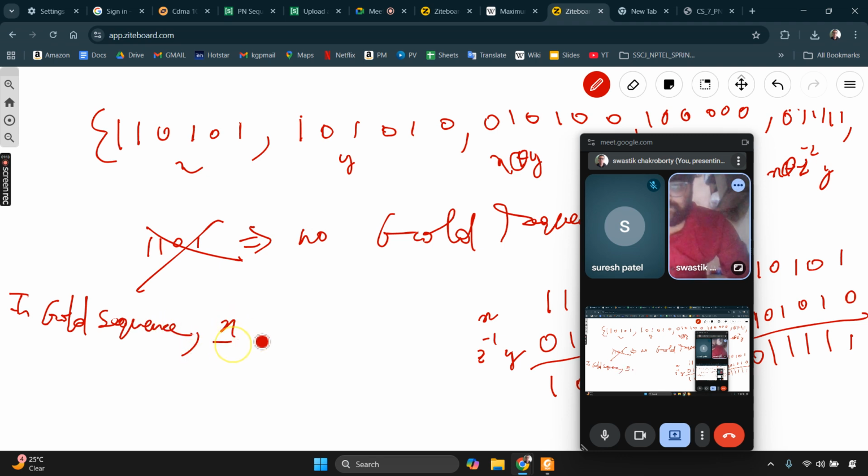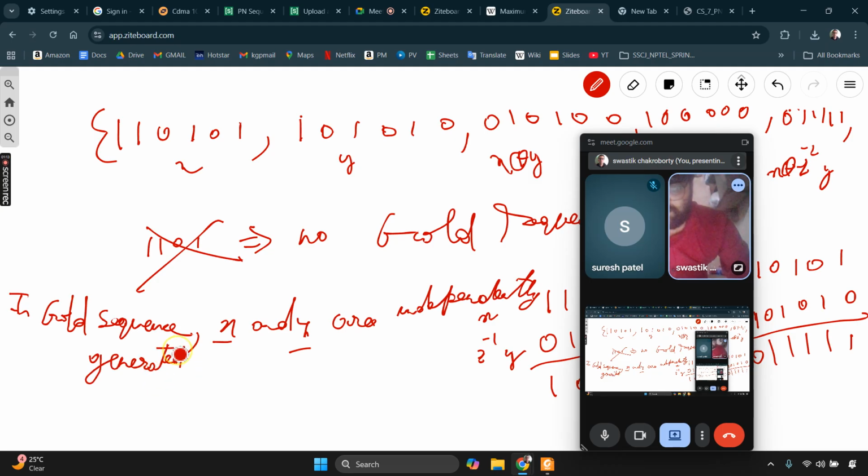In Gold sequence, X and Y are independently generated preferred pair sequences. You see, in Gold sequence the two sequences will have the same length because they are a preferred pair. But in Kasami sequence, one of them will have a smaller period because they got decimated.